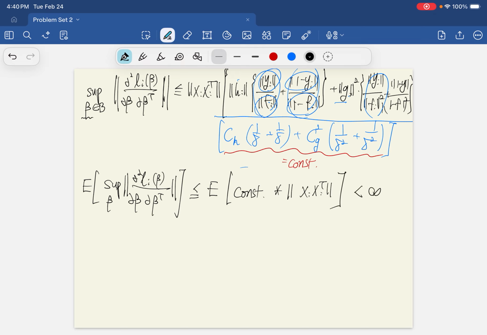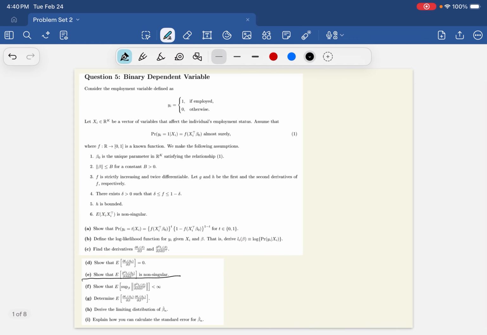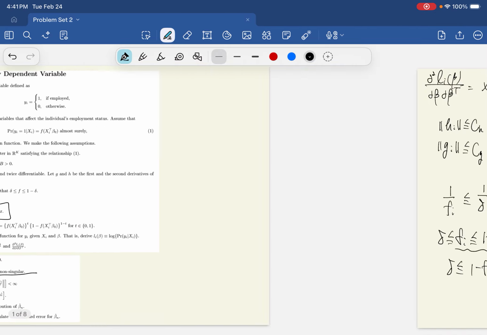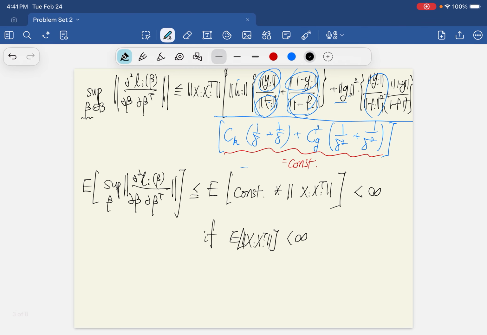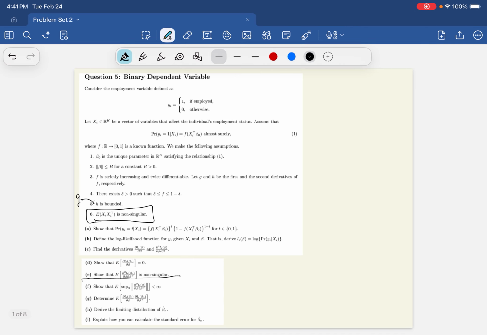So this is finite if the expectation of xi transpose norm is finite, which is actually implied by this assumption. By the way, I forgot to mention here, I had to include G here. I will update the problem set accordingly. Anyhow, so we can bound like this, right? So it's very simple, but just very annoying.